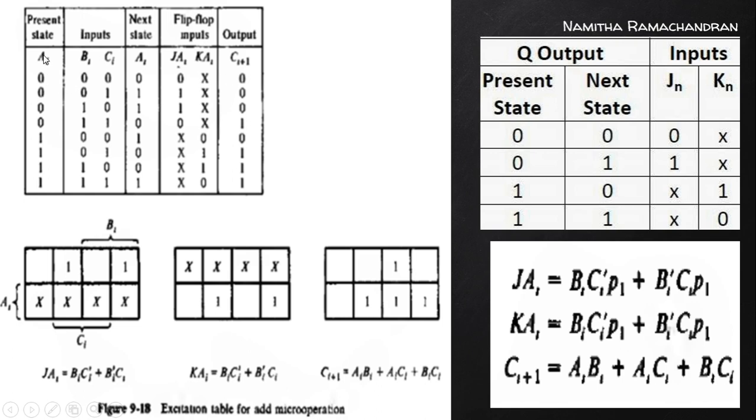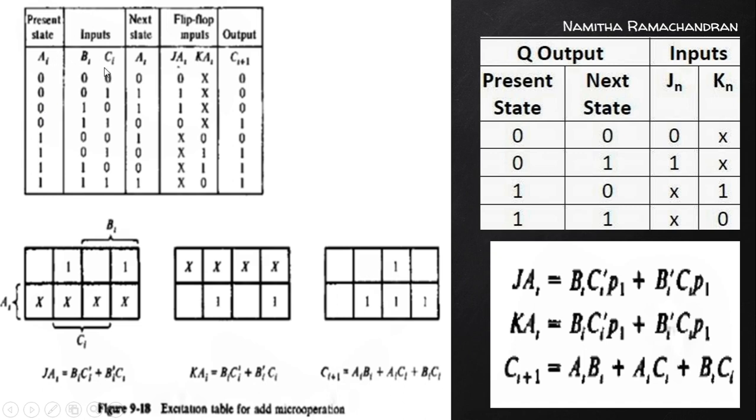Okay, so this is the case. Consider the present state of A is 0, present state of B is 0. This AI, BI, CI, etc. actually indicate one bit of our entire register. So once the circuit for a single stage is generated, the same can be repeated for other stages also.